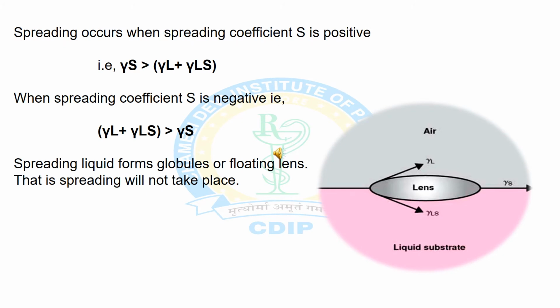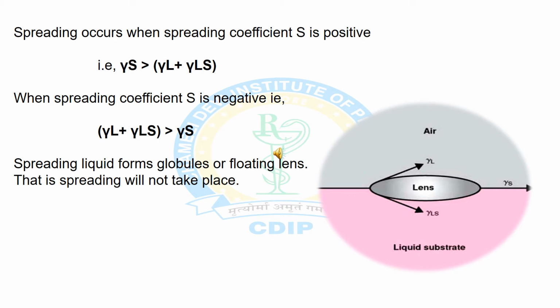Now, for spreading to occur, the value of S, that is the spreading coefficient, must be positive. That is, gamma S must be more than gamma L plus gamma LS. In such cases, the spreading will take place, but when the spreading coefficient is negative, there will not be any spreading.